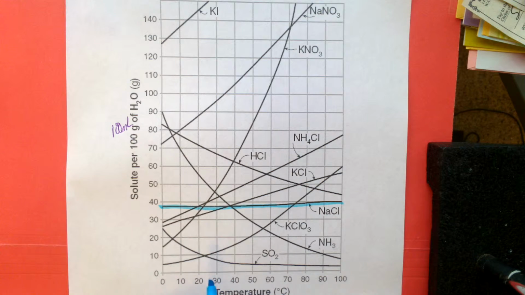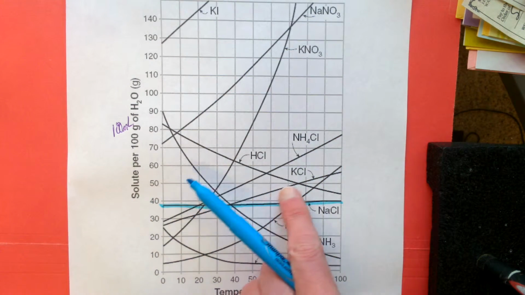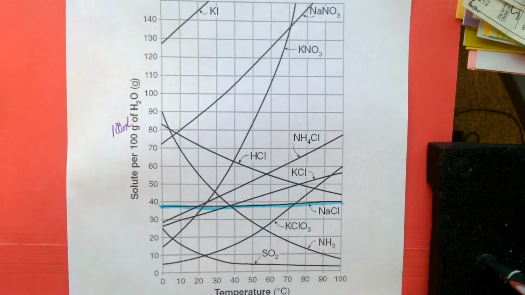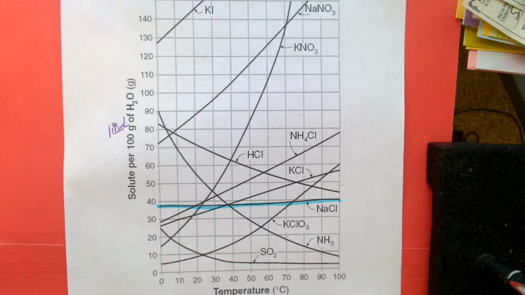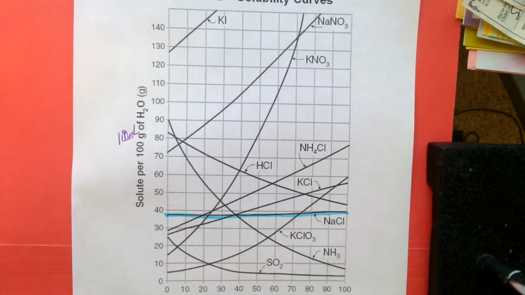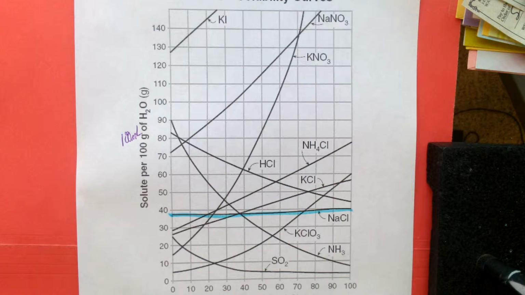Another common compound, potassium chloride, shows a steady increase in solubility as temperature increases. Notice that most of these lines have a positive slope, meaning that solubility increases as temperature increases. But notice that, for example, the SO2 and the NH3 have negative slopes, as does the HCl.